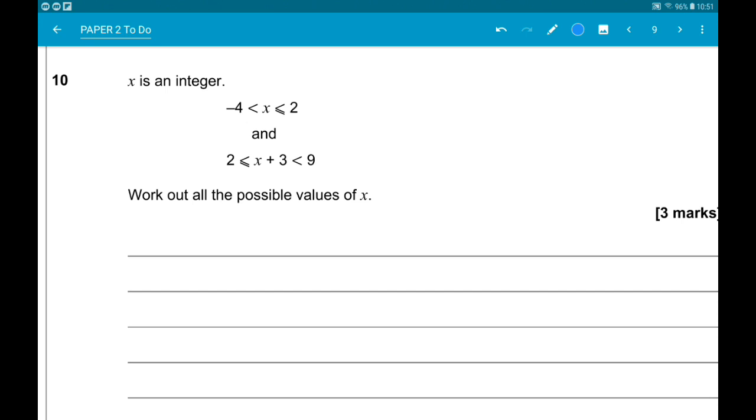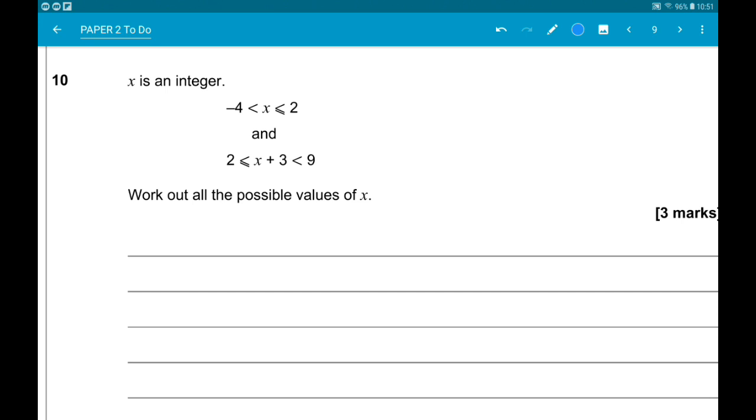Okay, number 10, inequalities. So x is an integer. x is greater than minus 4, but less than or equal to 2, and x plus 3 is greater than or equal to 2, but less than 9. Work out the possible values of x.